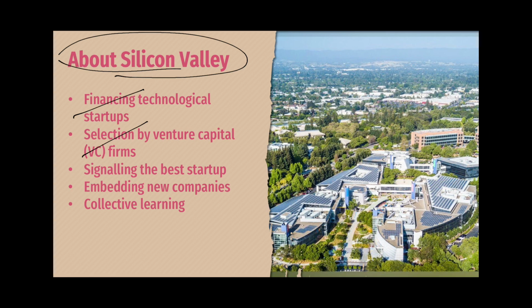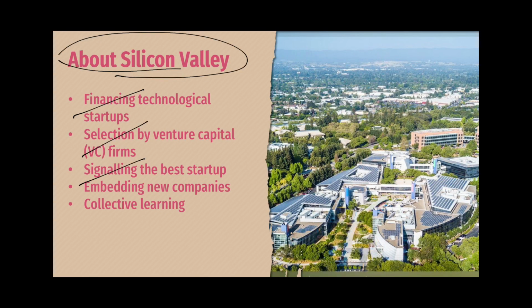And then also, since Silicon Valley has already made its reputation to the world as a technological hub, they are able to also signal the best startup and kind of already market you, give you a head start, you know, so that it's easier for you to diffuse whatever innovation you've made.